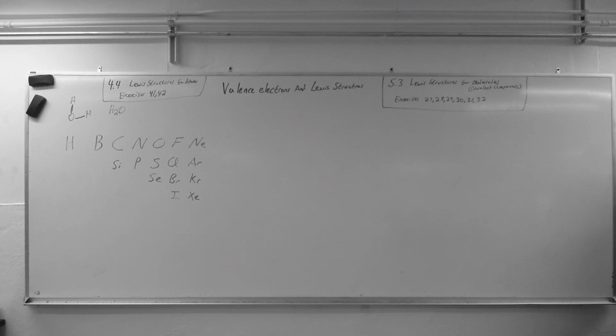Oxygen has 6. If you counted to the left, you'd count to 6. Fluorine has 7. And it's true of the ones just below it. Phosphorus is the same as nitrogen, it's 5. Silicon and selenium are the same as oxygen, it's 6. All of the halides in this column are 7. The noble gases have 8.